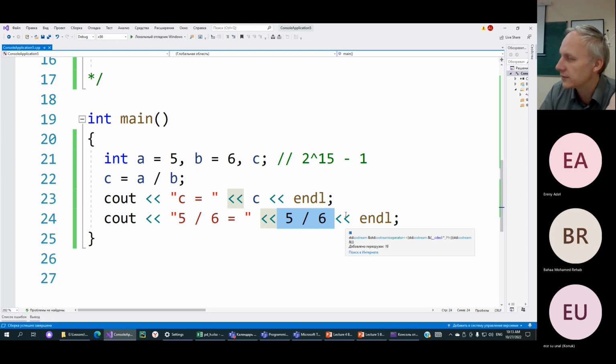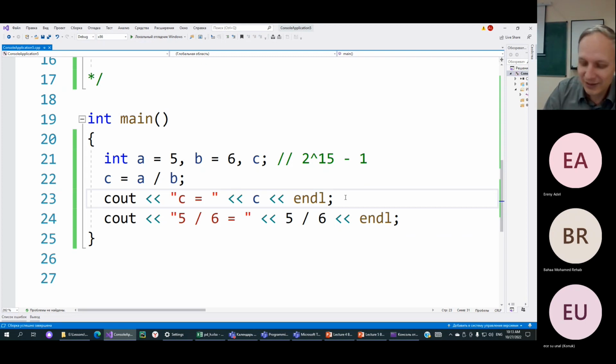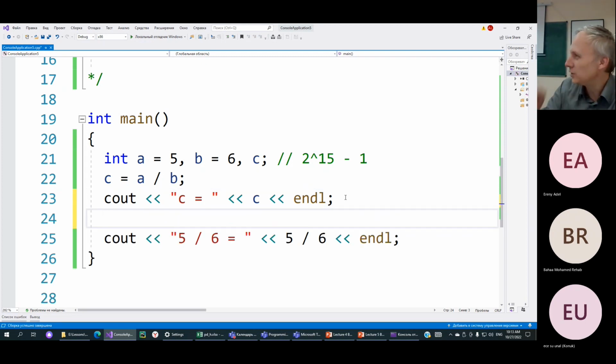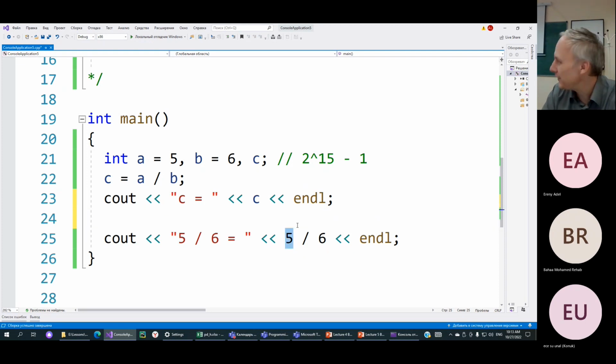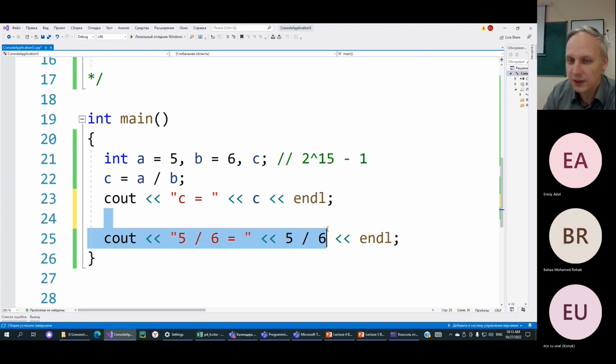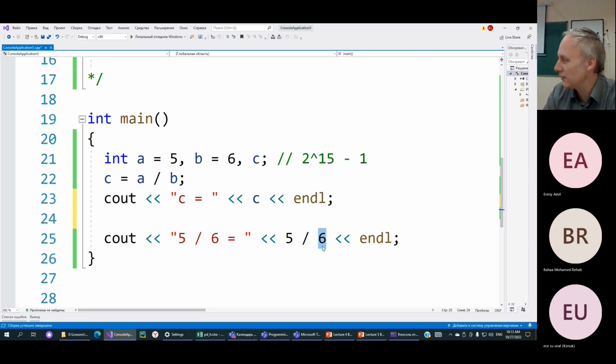Can I get the real result? Yes, I can, but how? I must somehow tell the compiler that this 5 is not integer 5, but the real 5. And this 6 is not integer 6, but the real 6.